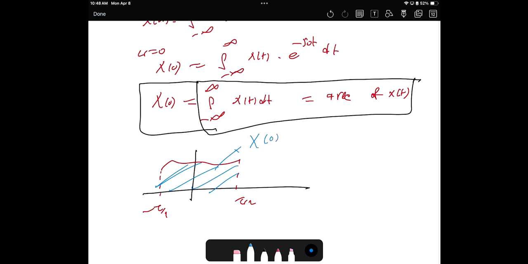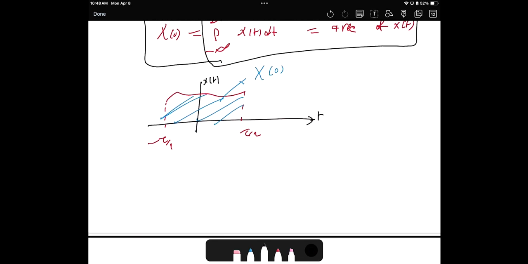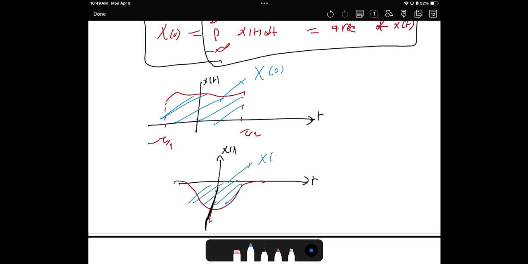Then the same thing if you have any function like this. Here is x of t. If you find the area, this is x of 0. So as a result, x of 0 is the area for all of the functions. Okay? You understand now?